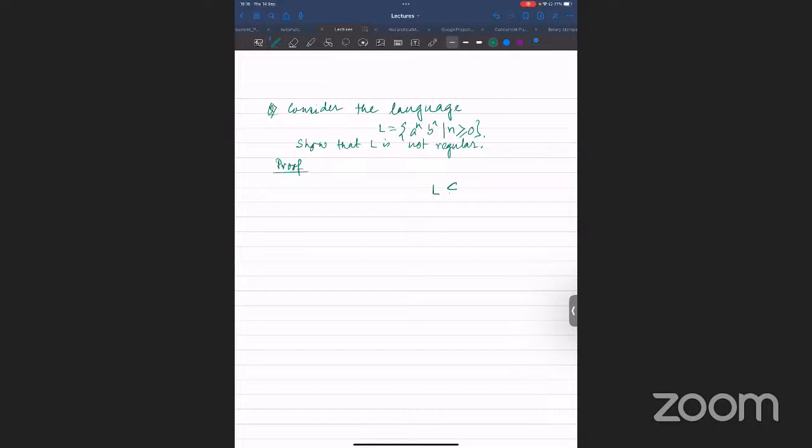So what is a language? L is a subset of sigma star. Can there exist languages which are not regular? So we'll start with this a^n b^n and will show that this is indeed not regular. So what is the intuition behind this? Suppose the number of A's here has to match with the number of B's.